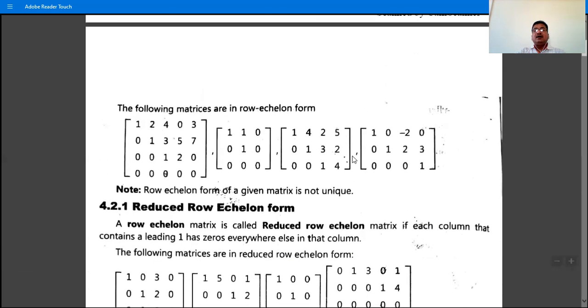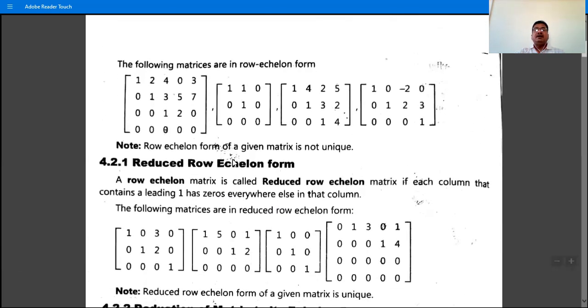That is, if the column contains a leading one, for example, the first column contains a leading one, then if you observe, the elements other than 1 are all 0. So this condition is satisfied for the first column, that each column that contains a leading one has zeros everywhere else in that column.